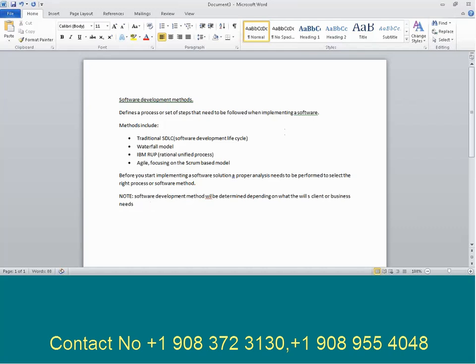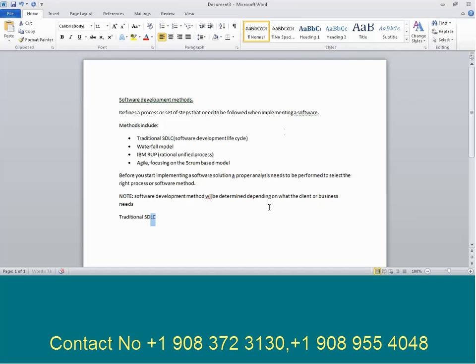In the process of implementing the solution using the traditional SDLC, it recommends a certain set of steps, or phases, with which you can accomplish your software development.